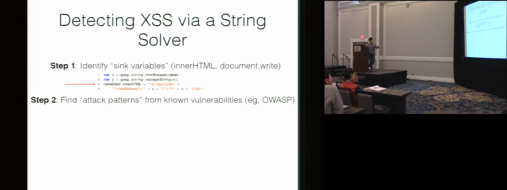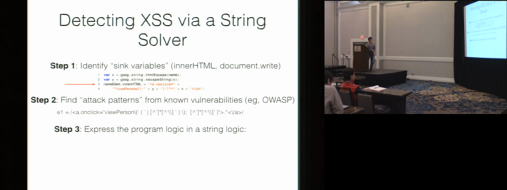There are many documented ones from OWASP, the Open Web Application Security Project. For example, in this case, you might want to come up with this. This looks ugly, but it basically means that you have, in this onclick attribute, the view person function followed by something else.